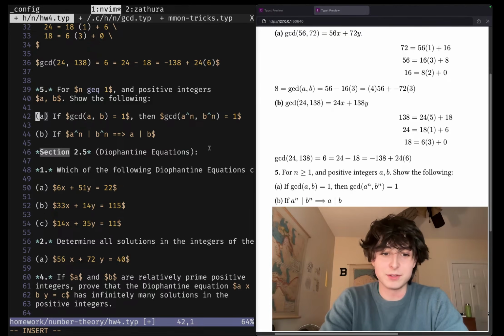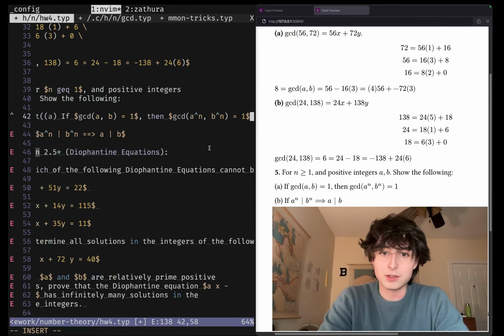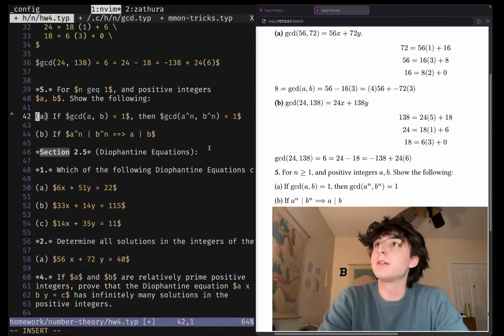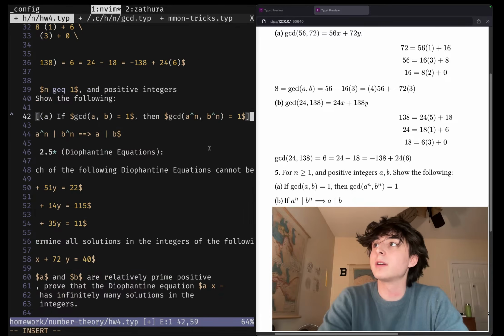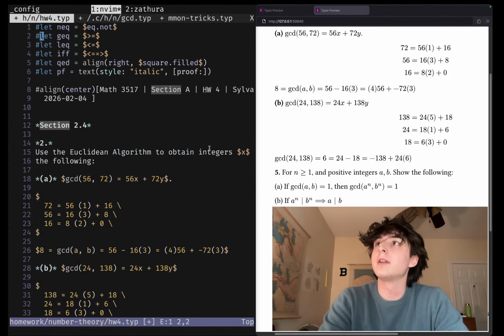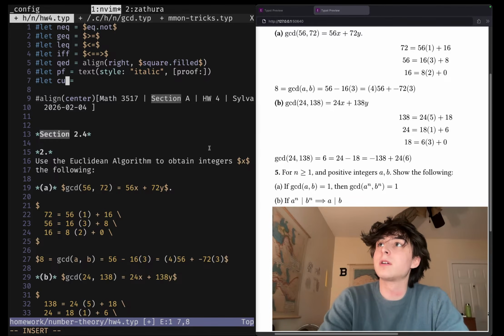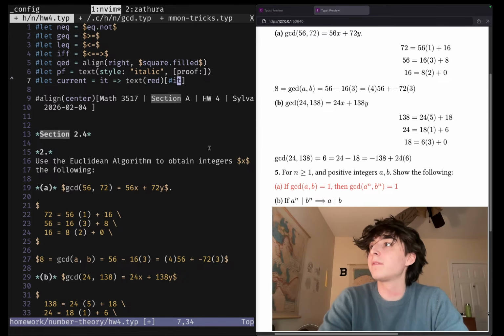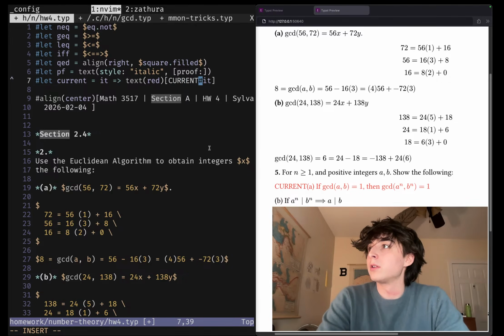I'll make a function to do it. Actually, let's have current take content, and then let's go current, and then it, and then text red it. We can make that cooler too.